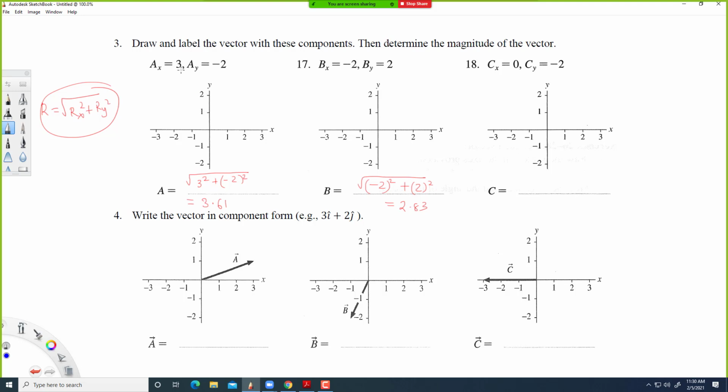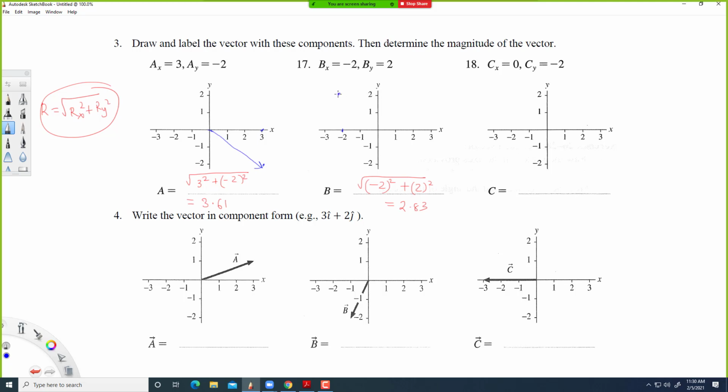We already did this in lab. So x, we go 3 units to the right. So we go 1, 2, 3 units to the right. And then y, we go 2 units down. So 1, 2 units down. So our vector would be that. Here, we go 2 units to the left, so negative means going to the left, 1, 2 units to the left, and then 2 units up, 1, 2 units up.